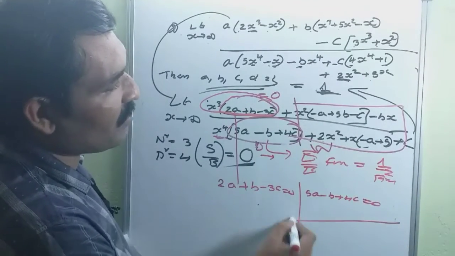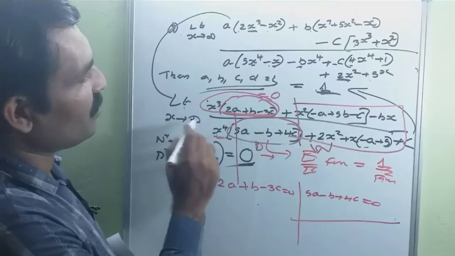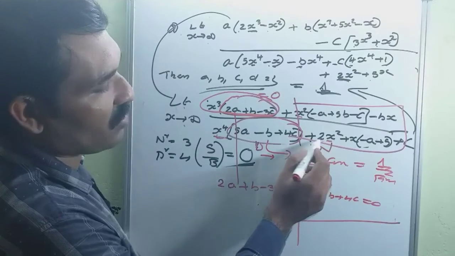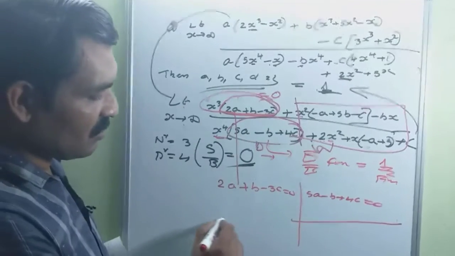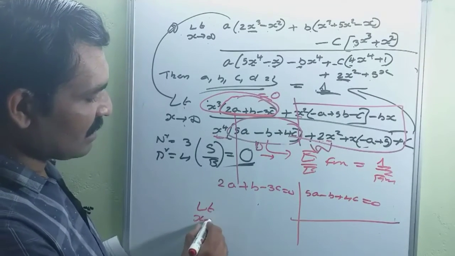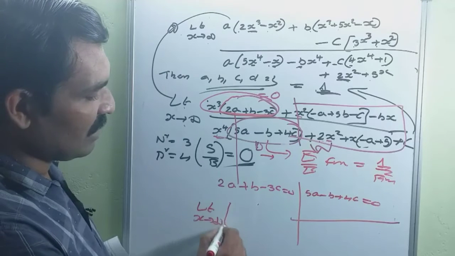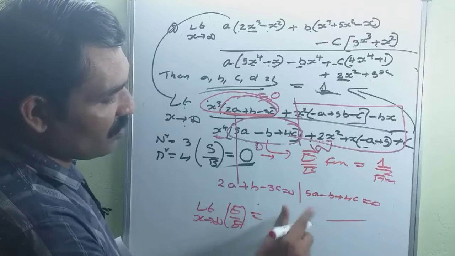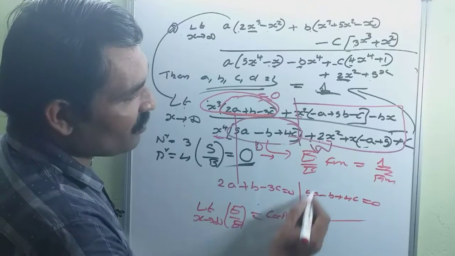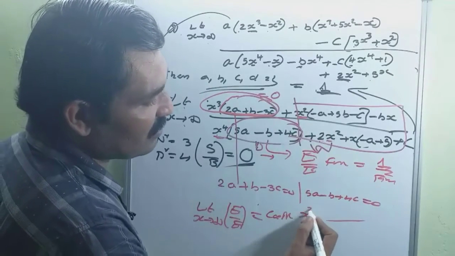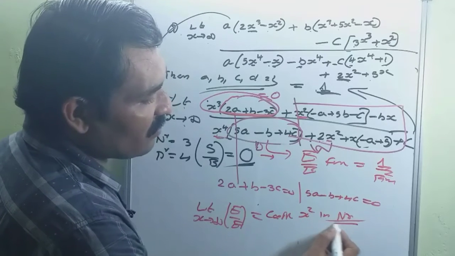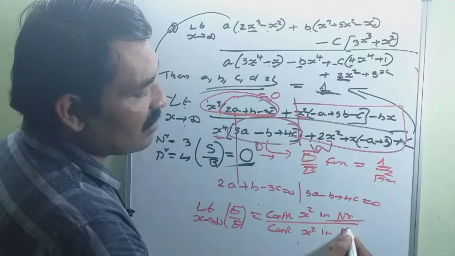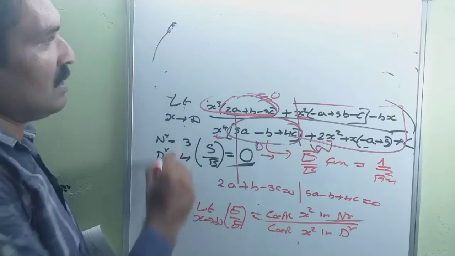For an equal by equal degree, when limit x tends to infinity, the answer is the coefficient of x square divided by the coefficient of x square. That is equal to the coefficient of x square in the numerator divided by the coefficient of x square in the denominator.